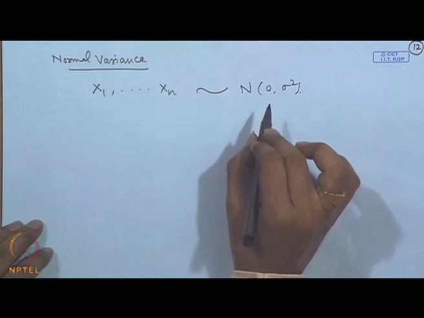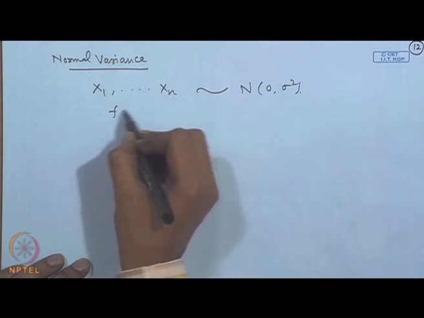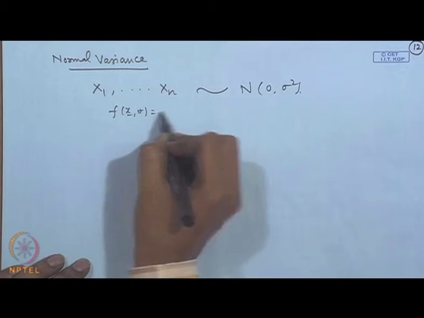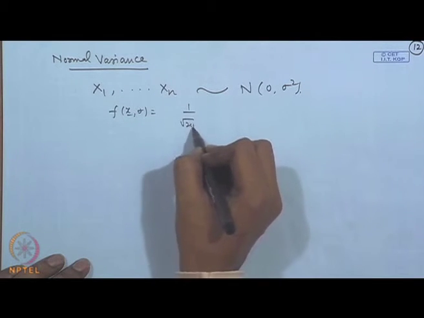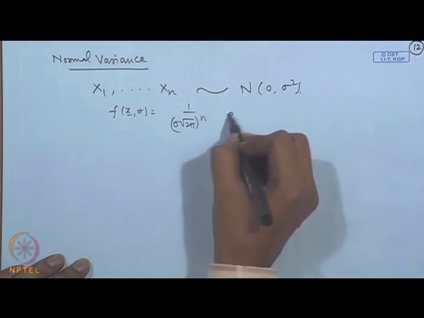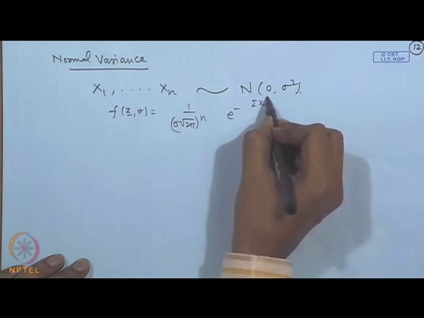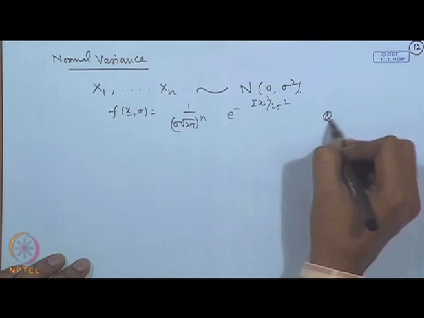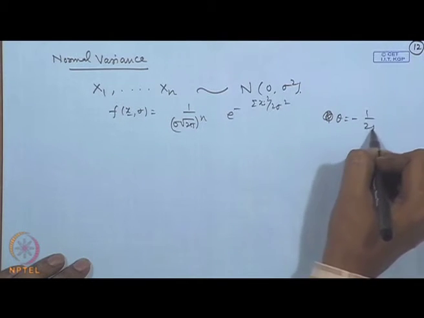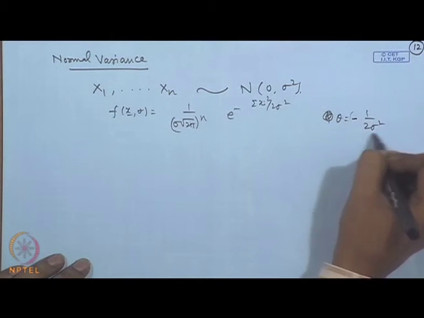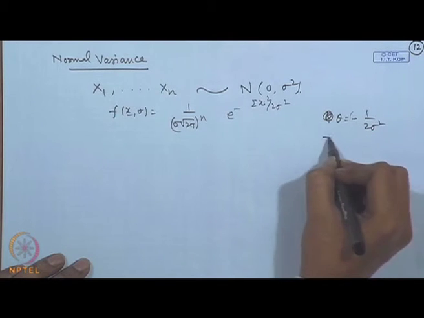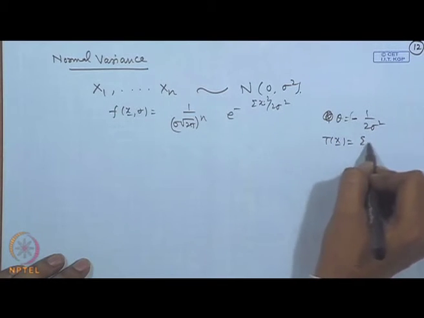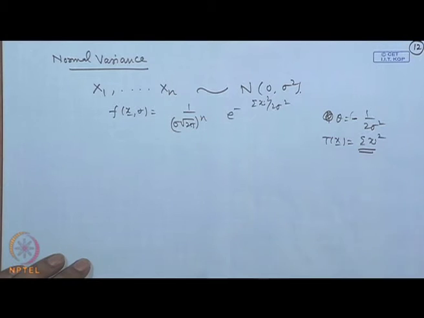So, we need to write down the joint distribution to look at the formulation here of T x, e to the power minus sigma x I square by 2 sigma square. So, here your parameter theta is equal to minus 1 by 2 sigma square. Of course, you can see this is an increasing function here, and T x is equal to sigma x I square.